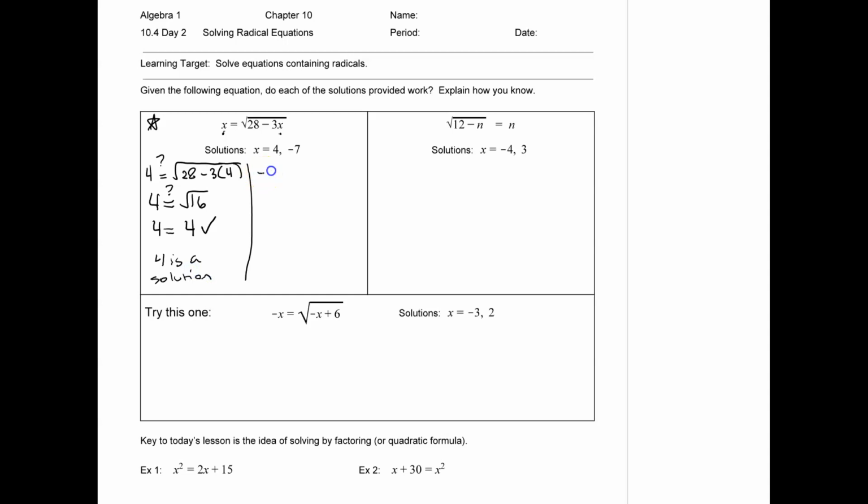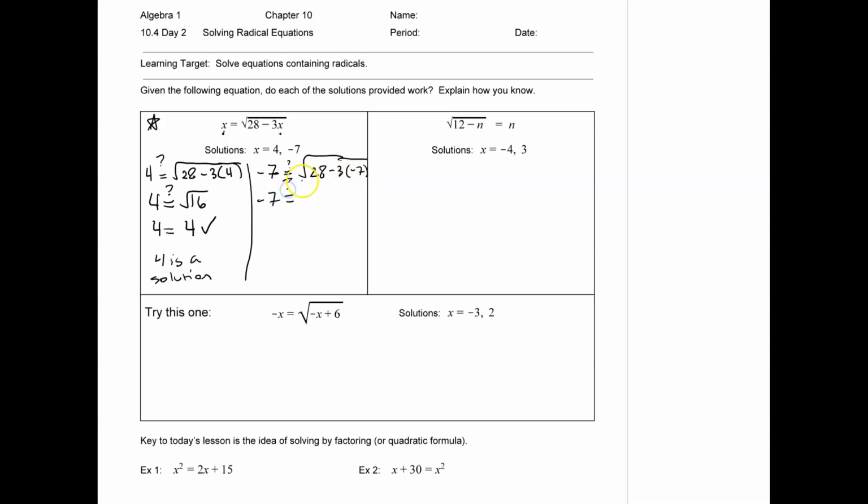Looking over at -7, very similar thing right here. Is -7 equal to the square root of 28 minus 3 times -7? Now being careful with your signs, 3 times -7 is -21, but subtracting -21 is like adding.